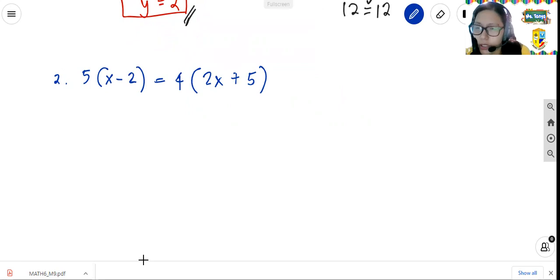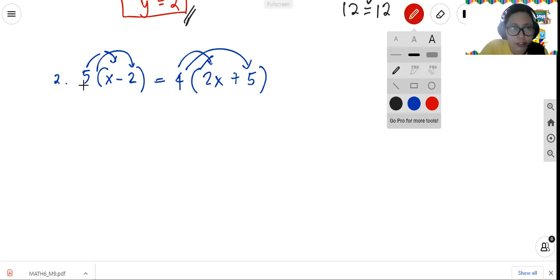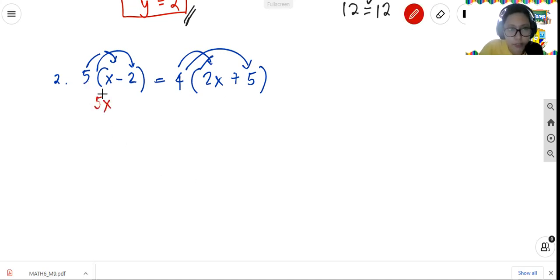But if you remember the distributive property of multiplication over addition, or distributive property of multiplication, then what you can do here is to distribute first 5 to all the numbers inside, and also 4 on all the numbers inside the parentheses. So if I solve that, I'll just use red. So we have 5 times x is 5x, 5 times negative 2 is negative 10, is equal to 4 times 2x, that is 8x, plus 4 times 5 is 20.